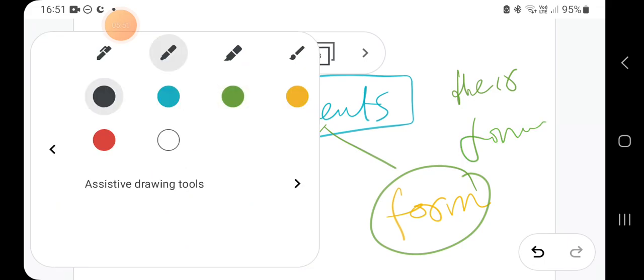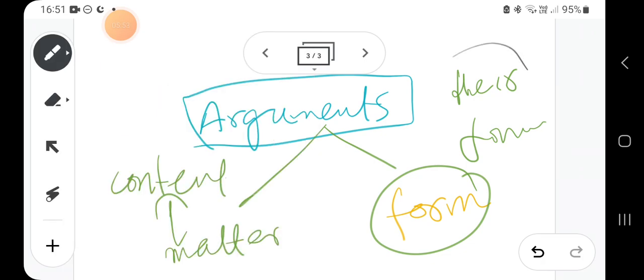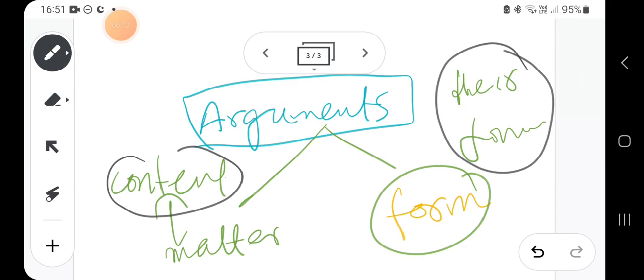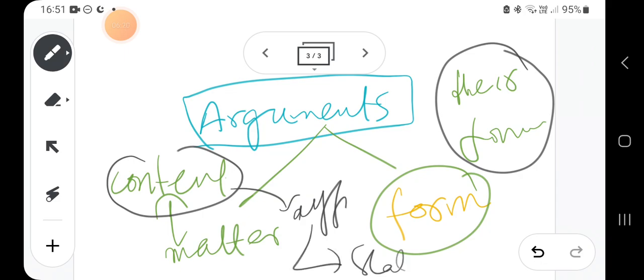It doesn't matter what you put in them, as long as it is in certain forms, then you would have a sound conclusion. So we differentiate between the content of an argument and the form of argument. Similarly, we can differentiate between the content of a statement and its form.